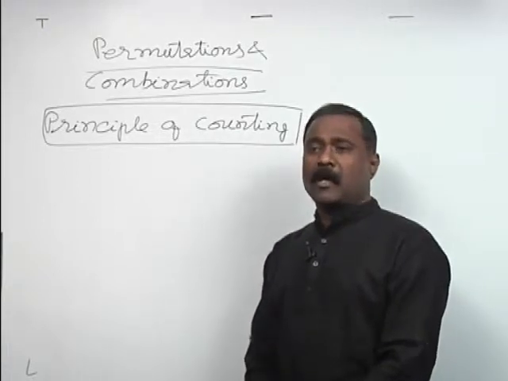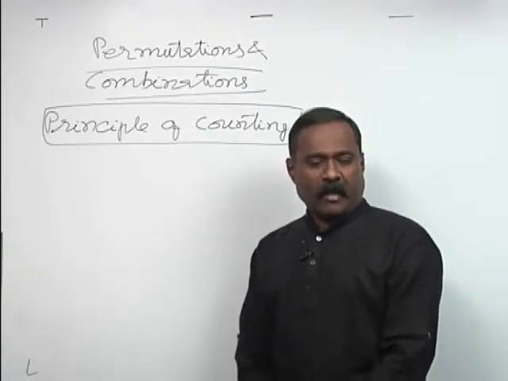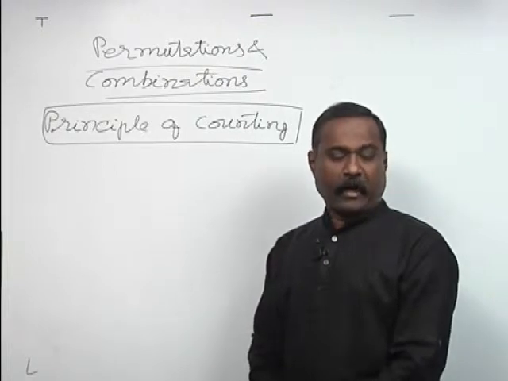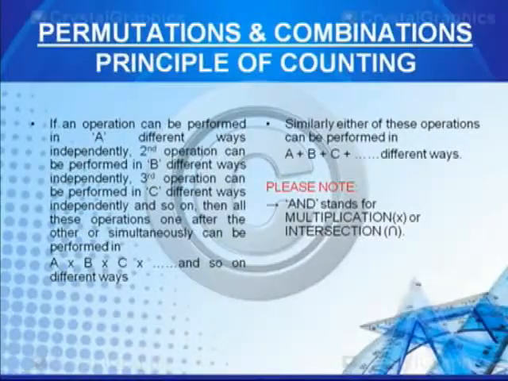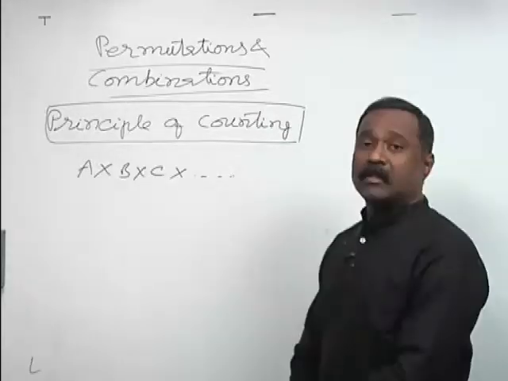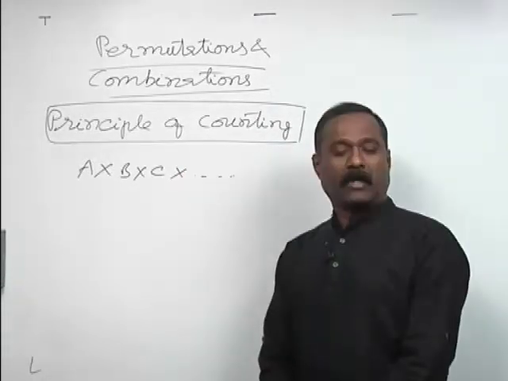The principle of counting: if an operation can be performed in A different ways independently, a second operation can be performed in B different ways independently, and a third operation can be performed in C different ways independently, and so on, then all these operations, one after the other or simultaneously, can be performed in A into B into C and so on different ways. That is the definition of the principle of counting.